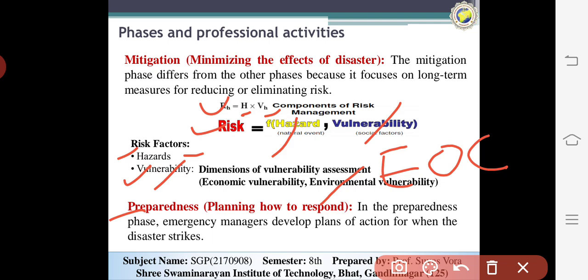If I consider an earthquake, after the earthquake we can plan which type of materials are needed, how many deaths, and how many people will be injured. This is the preparedness for planning to respond.